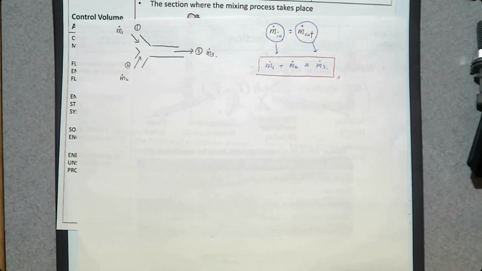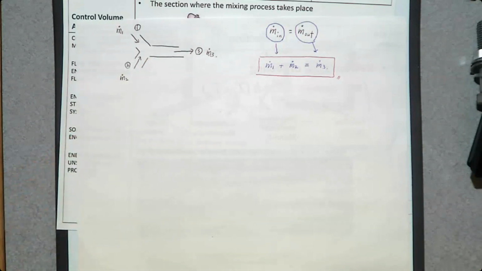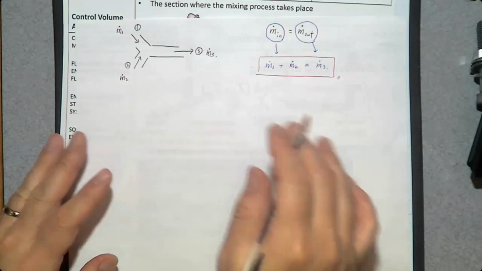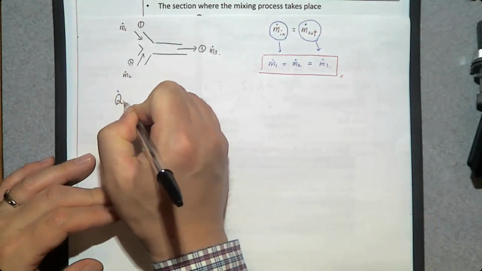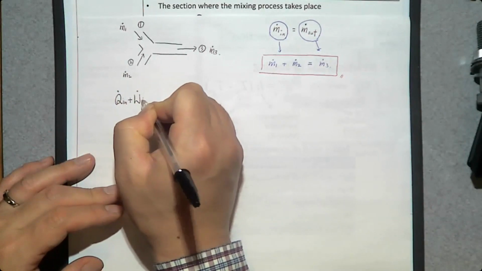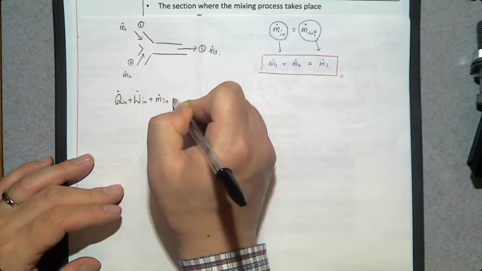Now let's talk about energy balance. How do you determine the energy balance equation for this particular control volume? It's simple. You start with the general energy balance equation: Q dot in plus W dot in plus m dot at its inlet.